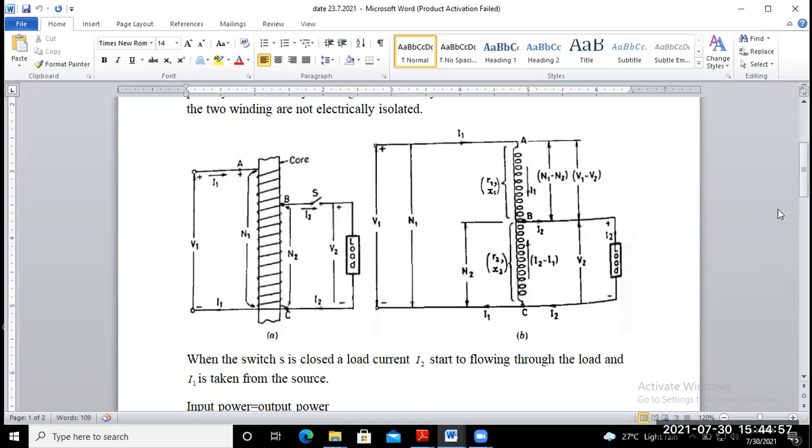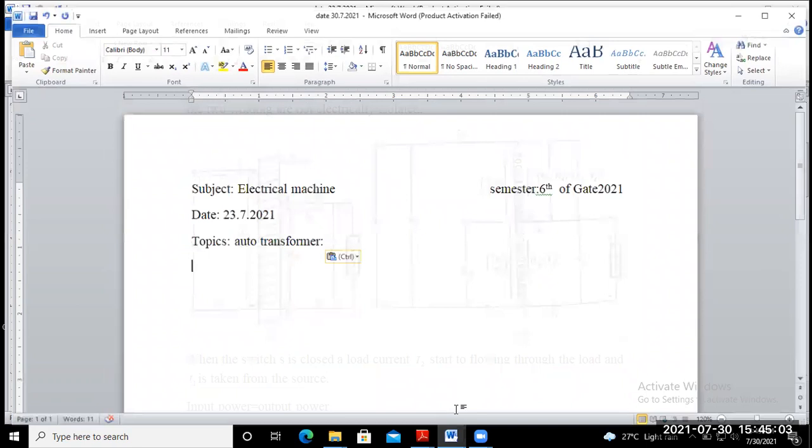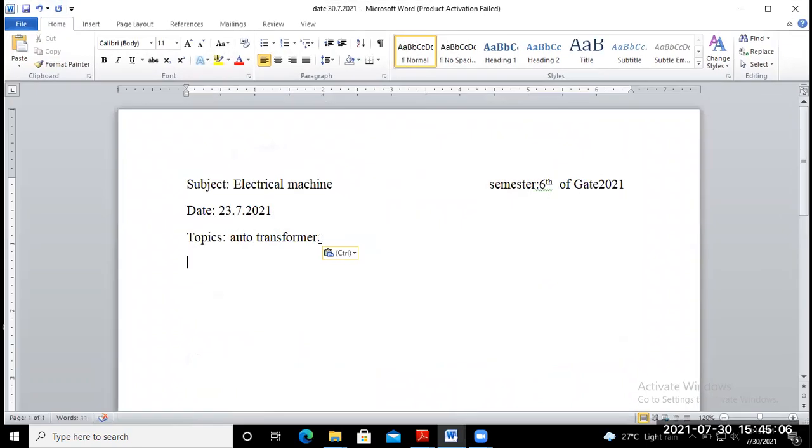Okay, so the auto transformer continues. The mmf of winding AB is nothing but the number of turns into the current flowing through the winding AB.